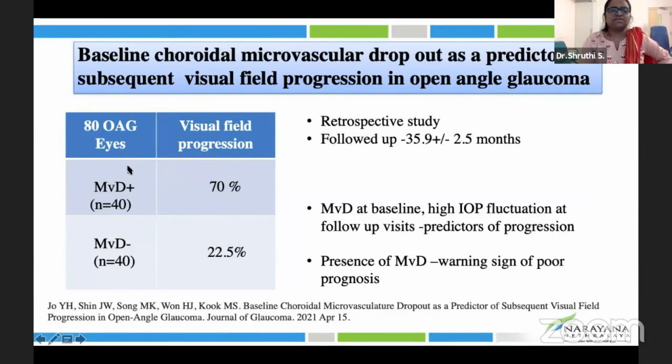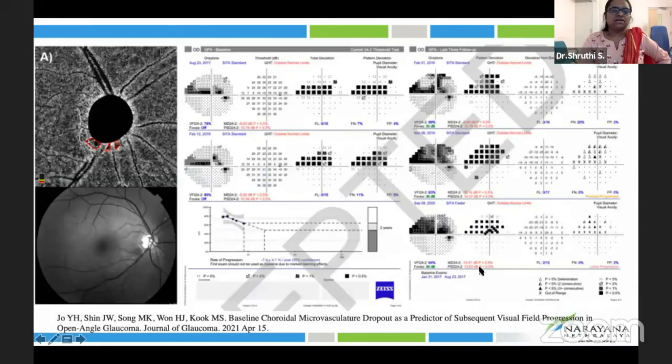70% of eyes that had microvascular dropout had visual field progression. He concluded that microvascular dropout at baseline and high IOP fluctuation at follow-up visits are the predictors of progression, and the presence of microvascular dropout is a warning sign for poor prognosis. Here are two examples from the same study. The microvascular dropout was present at baseline.